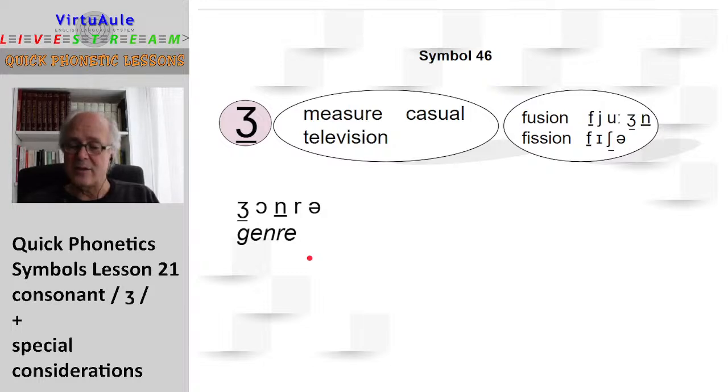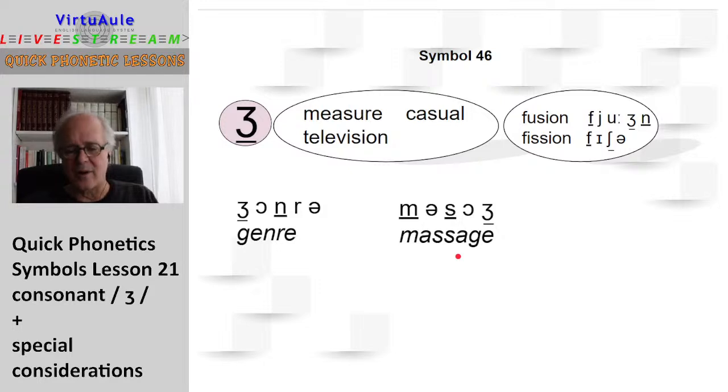The first one is a rare word. This is a word that starts with the symbol: genre. And in fact, it's not really an English word. It's a French word that we use, but that's how we pronounce it, genre. Message. I'm sorry, I'm reading this wrong. This is massage.